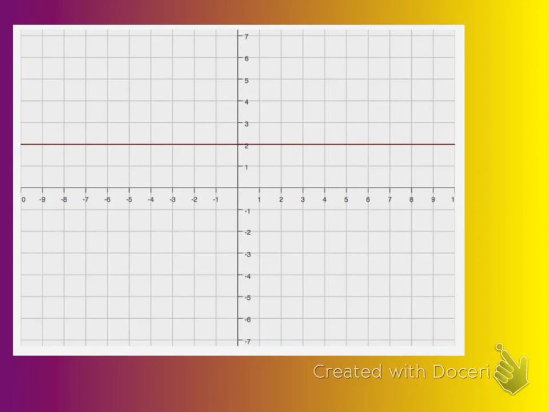Alright, so let's take a look at our first example. Our first example is a straight line. This is a horizontal line. This is called zero slope. So zero slope just means that it is a flat line, and the way that I think of it is you can ski on a zero slope.